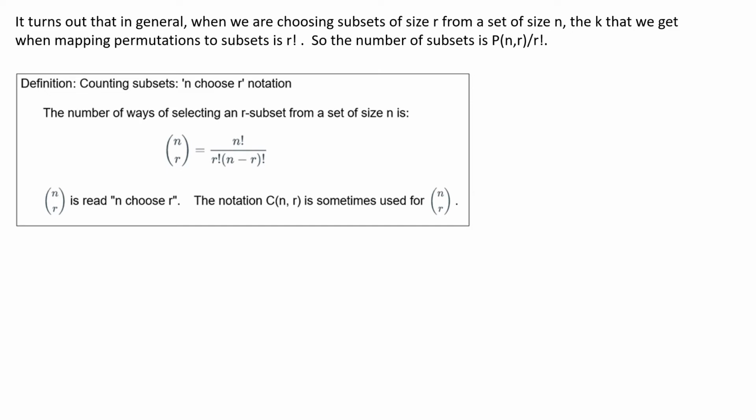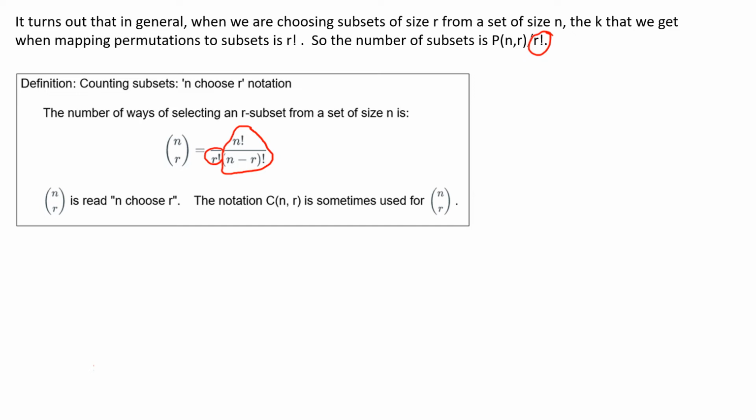Okay, so the number of subsets of n things taken R at a time is equal to, and you see here first of all this n factorial over n minus R factorial, that's just the formula for permutations, but then we divide it by R factorial, which is what we saw that we would need to do. So this is just the permutation formula with the R factorial down there underneath.